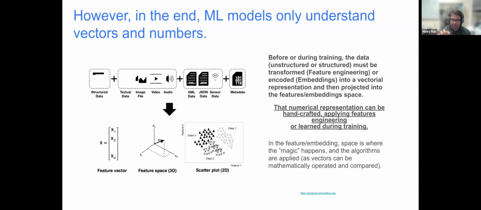Once the image of a cat becomes a vector, I can project it into the feature space and compare that vector with images of dogs, for instance, and identify relationships between them. For instance, if there are any clustering patterns I can use to train a classifier, the classifier will try to find the decision boundary to identify whether this new image of a cat belongs to class 1, class 2, or class 3.